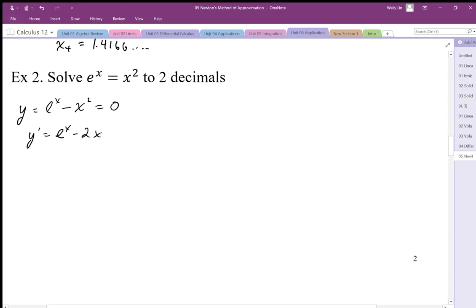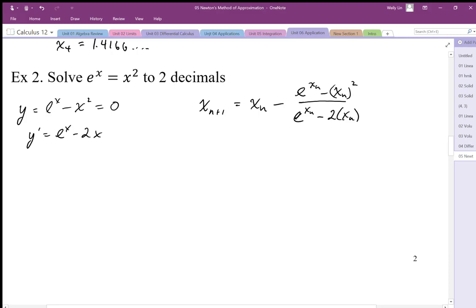So I'm going to set up x n plus 1 is equal to xn minus f of xn over f prime of xn. So this is f of x on top, e to the xn minus xn squared, and that's going to be my derivative on bottom, e to the xn minus 2 times xn. So f of x divided by f prime.